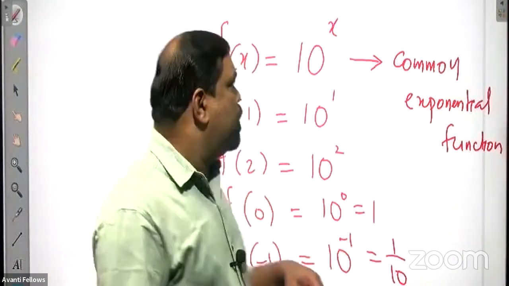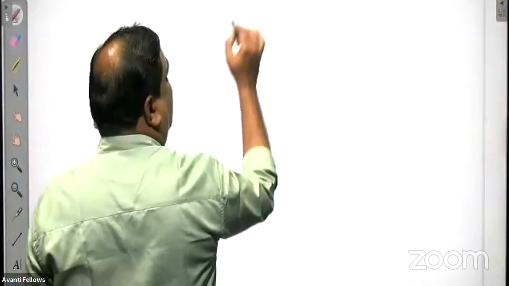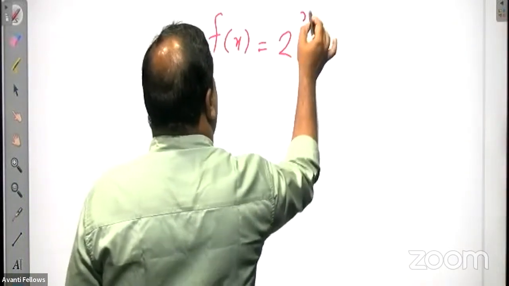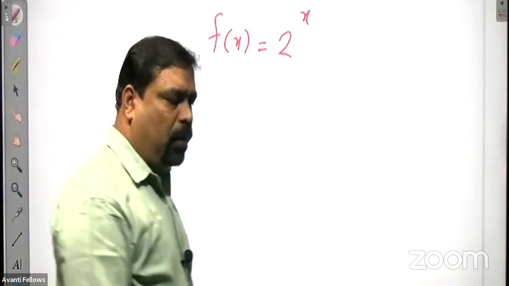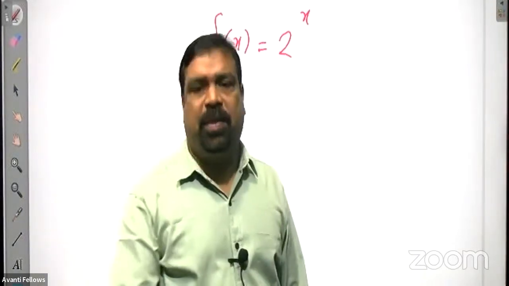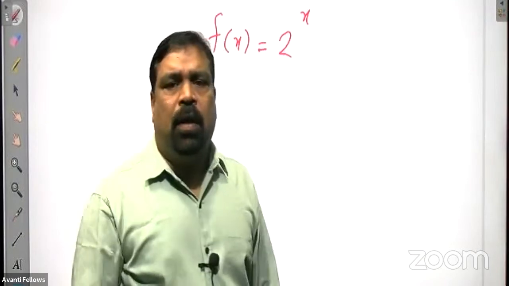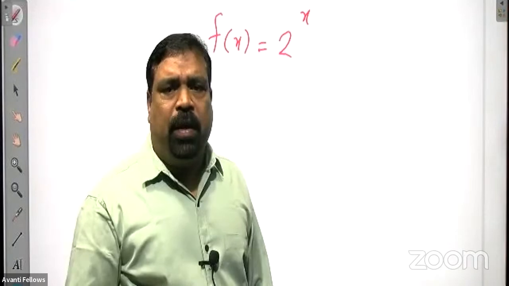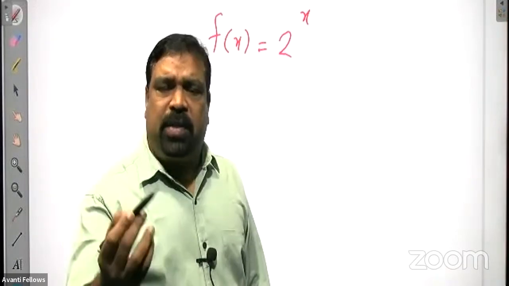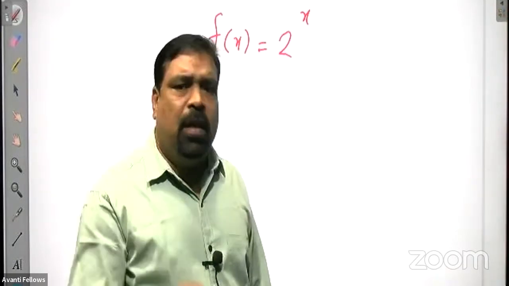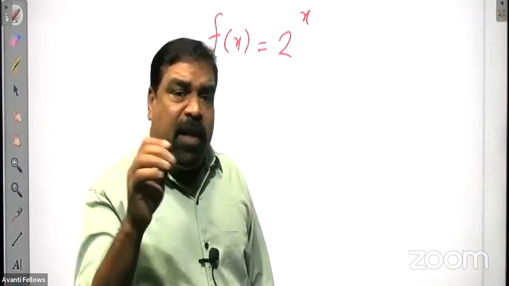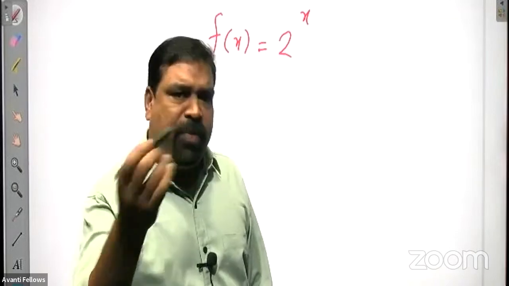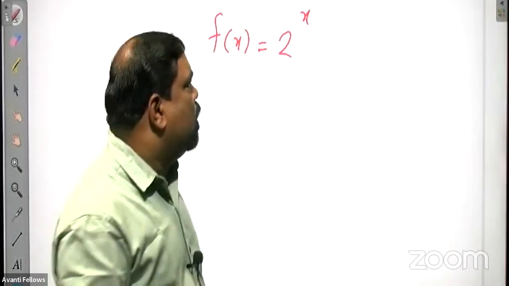So I can define another exponential function, f of x equal to 2 raised to x, where the base is 2. Like that, 3 power x, 4 power x, 10 power x, 100 power x; any real number greater than 1 can be the base of an exponential function.